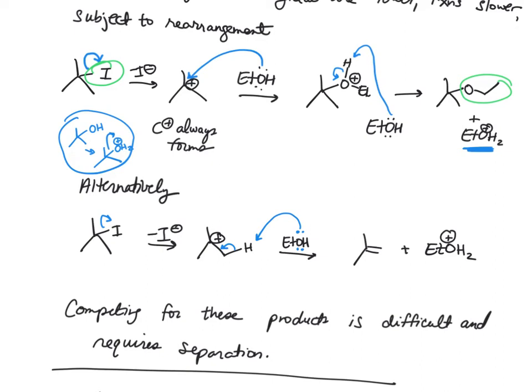And now we have a protonated ethanol, and our green carbon-hydrogen bond here is now a pi bond there. These two reactions compete. It's difficult to separate these products, and it's difficult to control which one forms, which is what makes the SN1 and E1 reactions less useful to chemists.